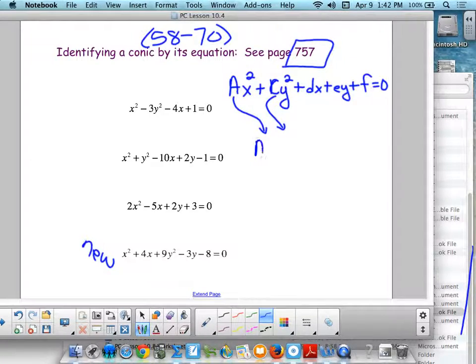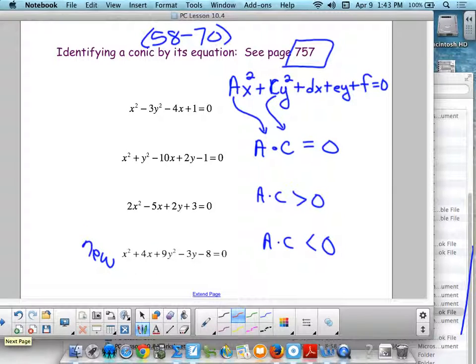So here's the deal. If you take a times c and you get 0, something happens. If you take a times c and you get a positive, something happens. If you get a negative, something happens. When you get a times c to be 0, what is that equation? Parabola.